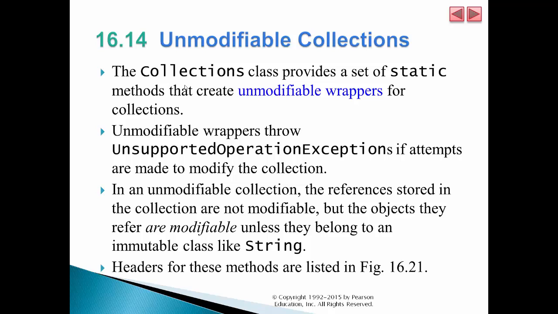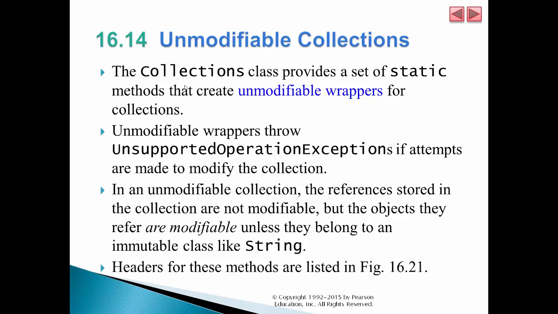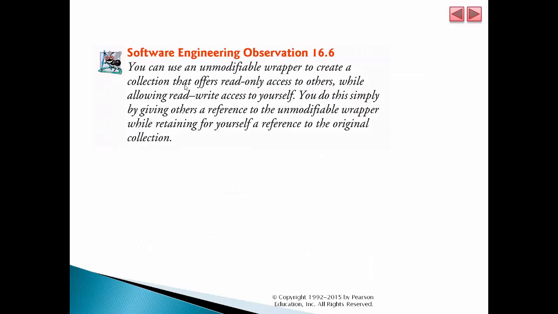So you can make things synchronized, but you can also make certain data structures immutable, unmodifiable. Once you create a list and you don't want any function to modify those structures, you can create a data structure which prevents it from being modified. You can make them read-only.